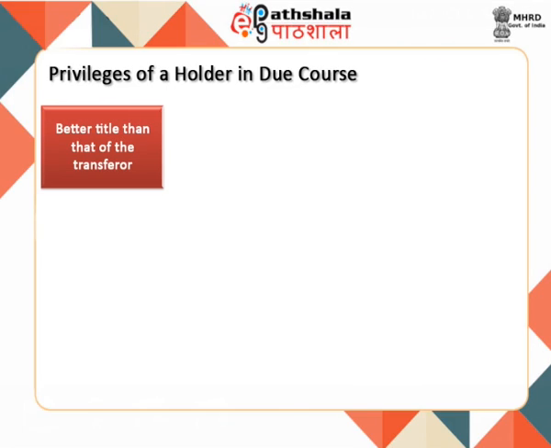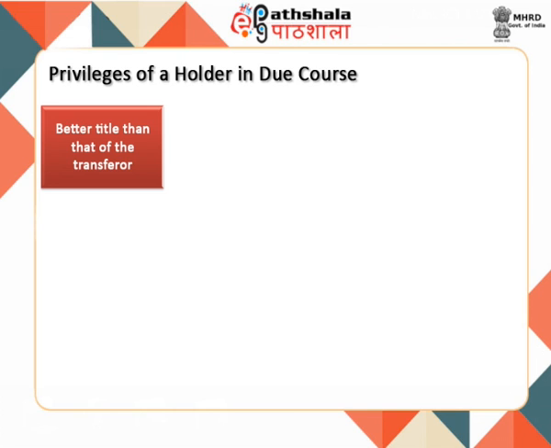Next, are the privileges of a holder in due course. The holder in due course enjoys a privileged position under the Negotiable Instruments Act in comparison to a mere holder. He has rights superior to those of the holder.